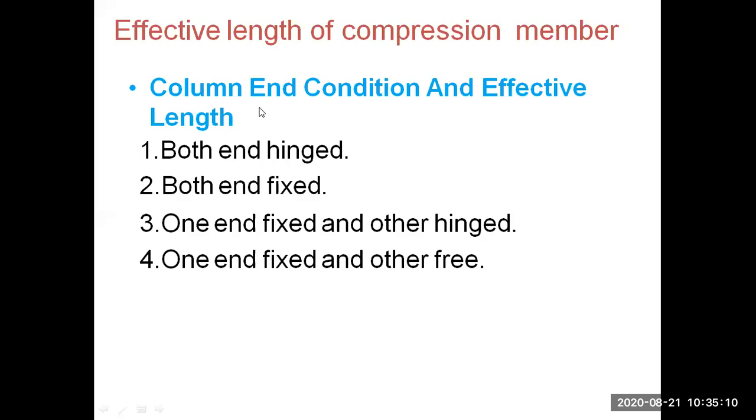Here we have written column end conditions and effective length: if the compression member is fixed at both ends, hinged at both ends, fixed at one and hinged at the other, those conditions are given here. So both ends hinged here.